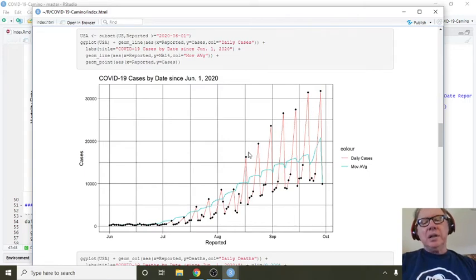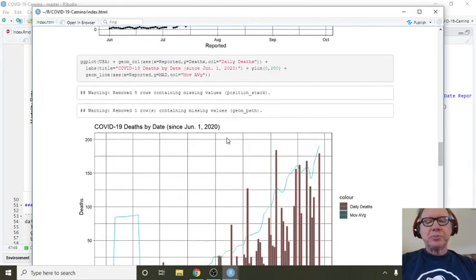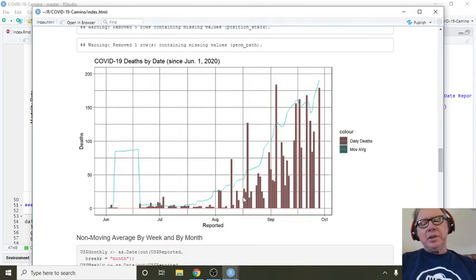Well, once again, these are weekend numbers. You can see all the spaces here. Those are all weekdays. Those are the weekends. The line again tells us that the deaths will continue to rise. So for today, they had over 175 deaths apparently.